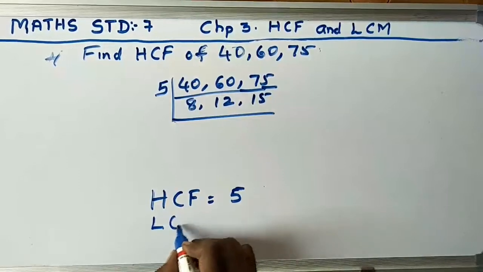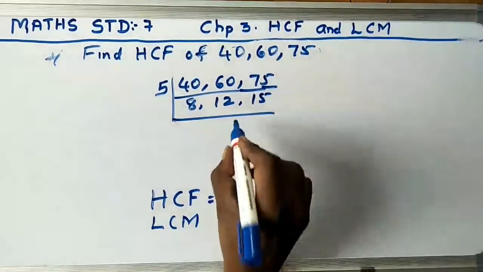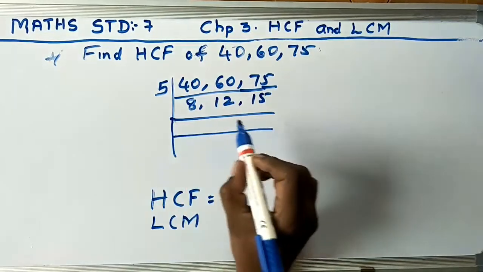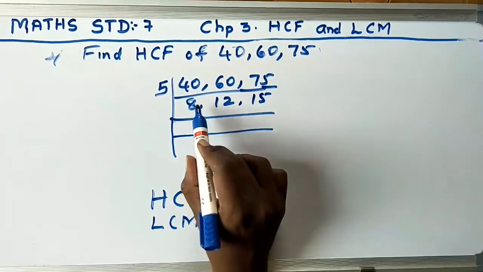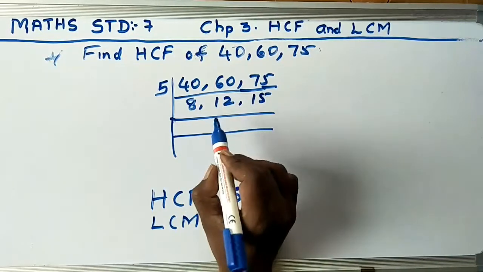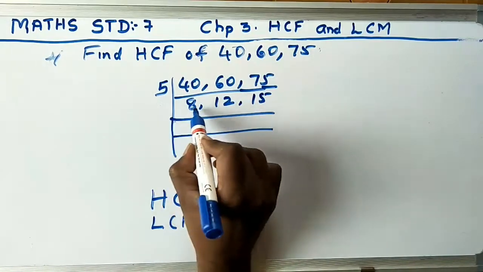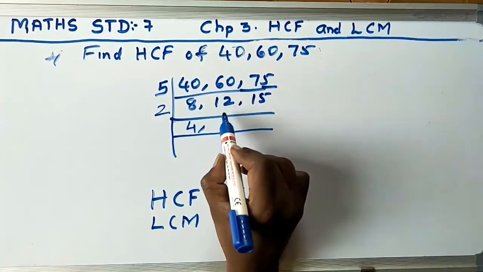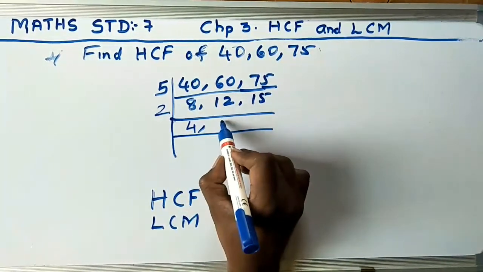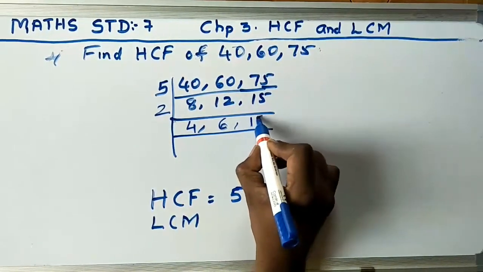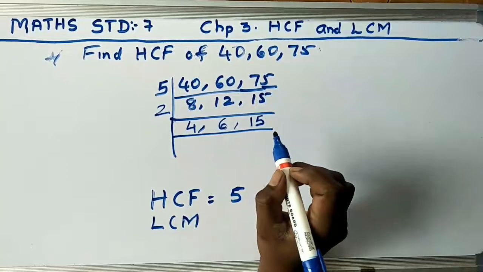Now, how to find the LCM? For LCM, you have to go further, because common numbers are there. You have to continue this till you do not get any common number. 8 and 12 go in the 2 table, 4 times: 4 to the 8, 6 to the 12, and 15 doesn't go, so write this 15 as it is.